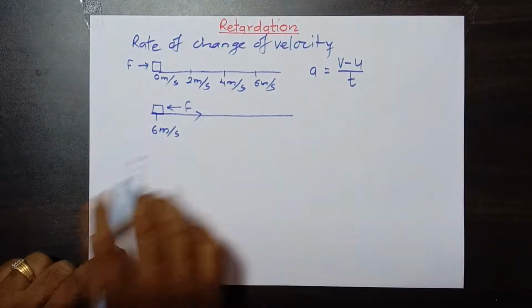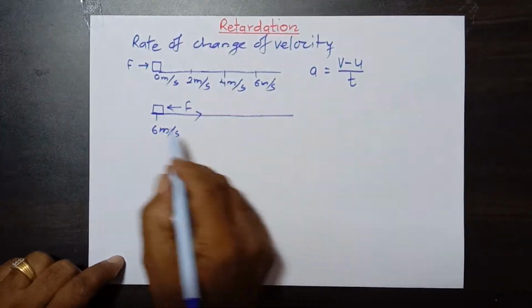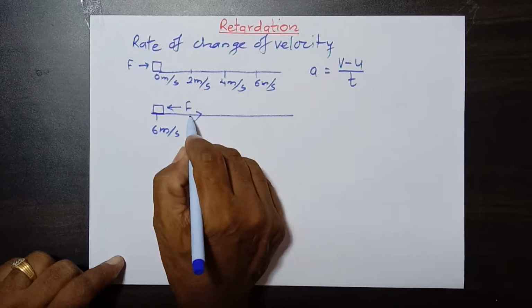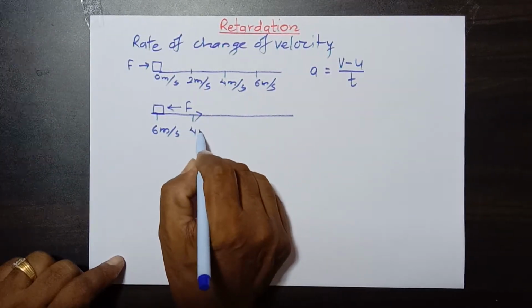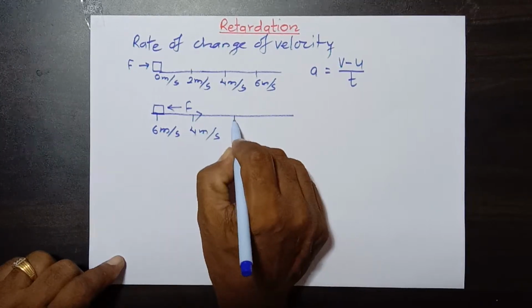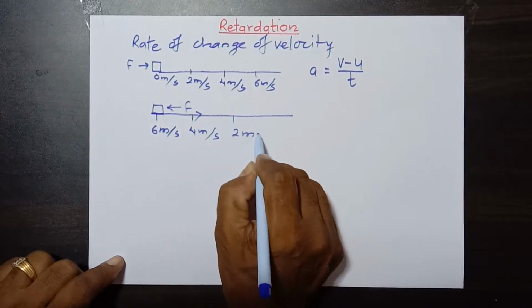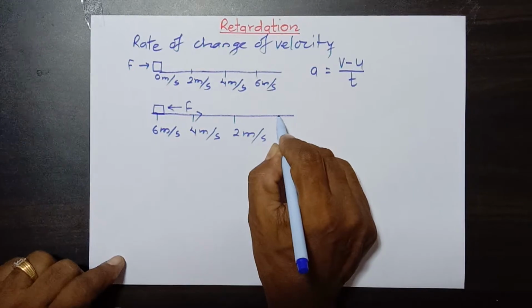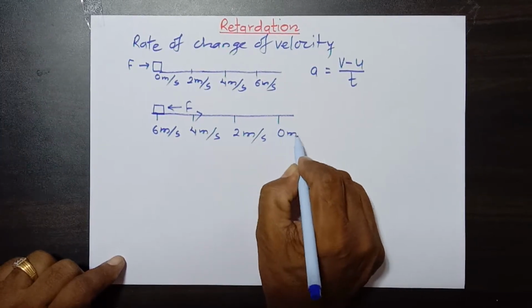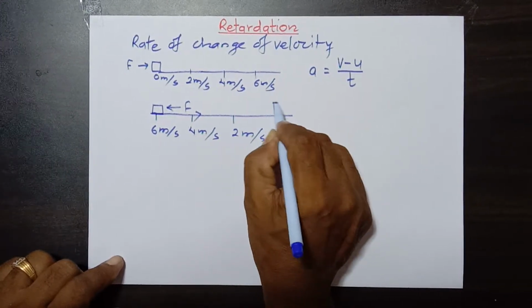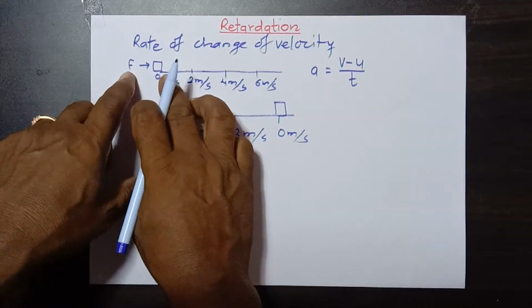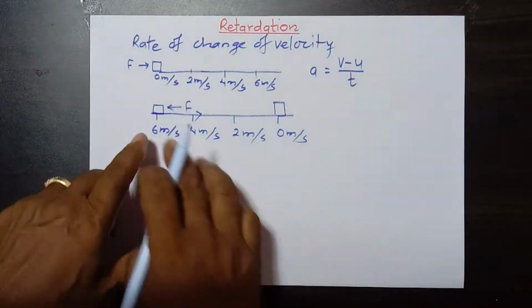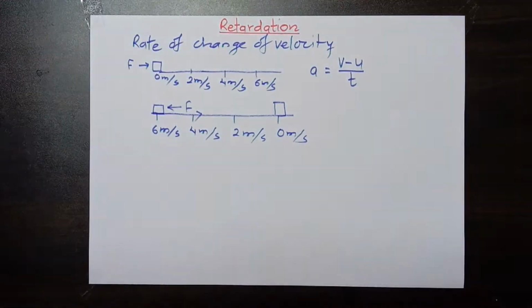When a constant force is applied on it, its velocity goes on decreasing. At the end of 1 second it may be only 4 meter per second, at the end of another 1 second 2 meter per second, and at the end of another 1 second 0 meter per second. I mean to say it will come to rest at this place. What is the difference between these two? Here velocity is increasing and increasing, here velocity is decreasing and decreasing.